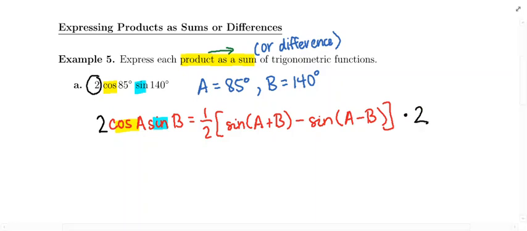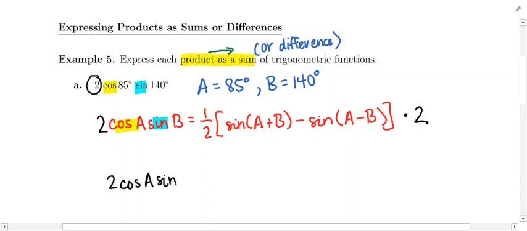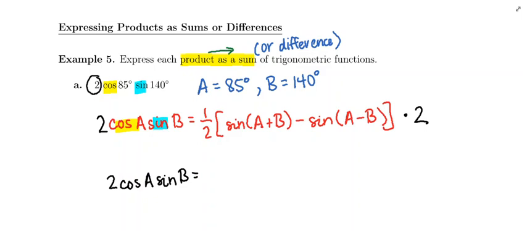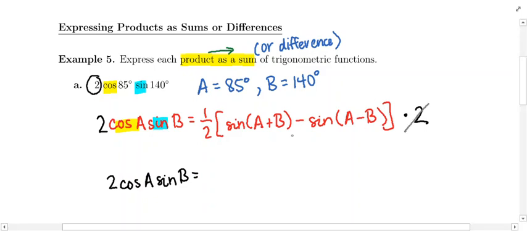So what is this going to tell us? Now the left side is going to be 2 cosine A sine B. That is going to equal, notice what happens, 2 times 1/2 is 1. So those cancel out, and that's going to leave you with 1.